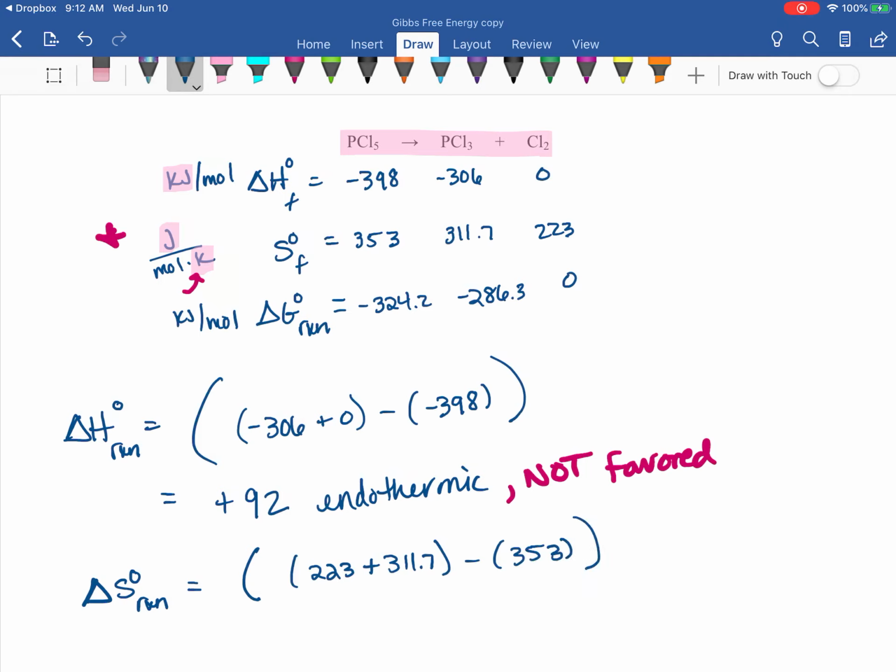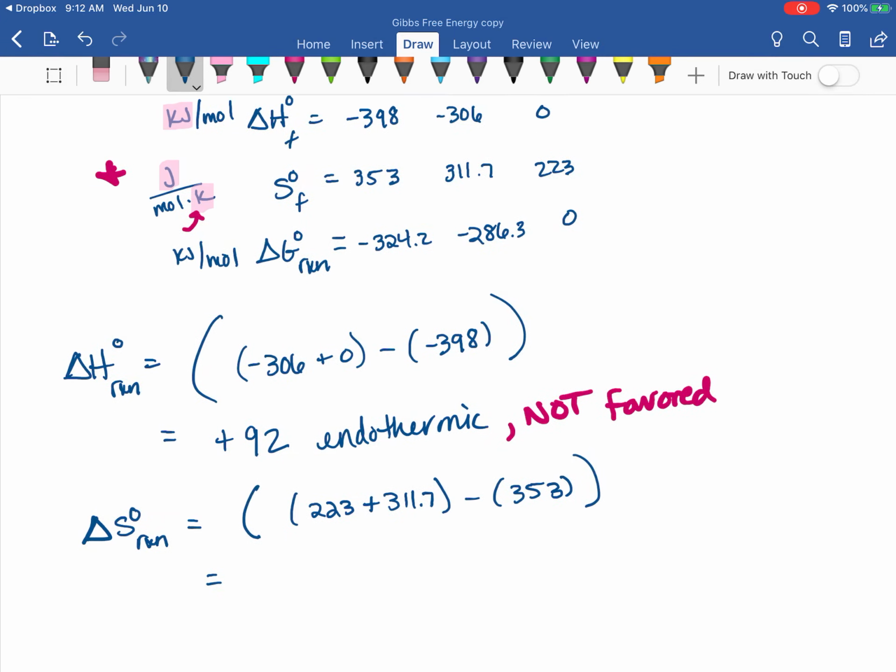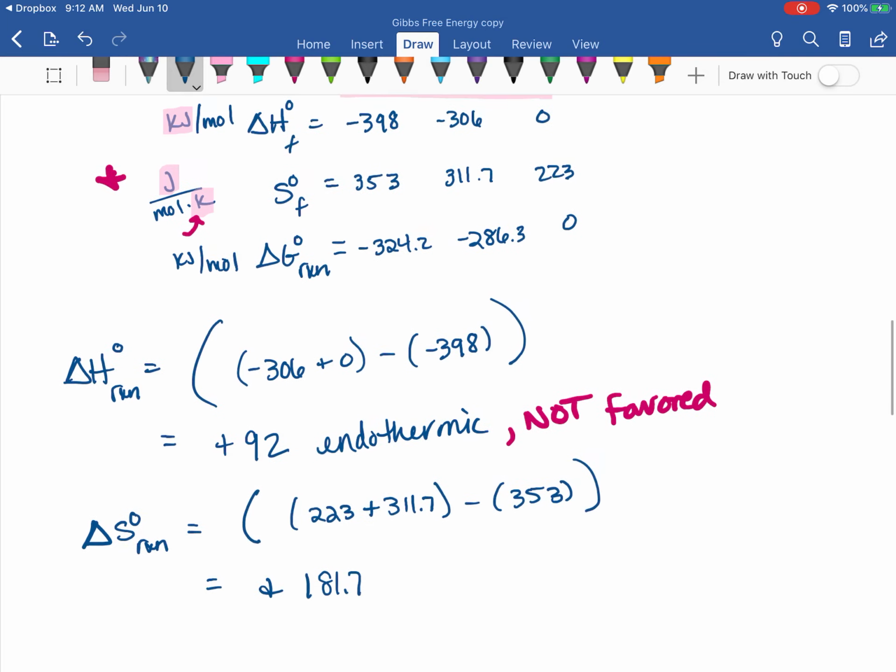Okay, remember my units are up there. I just cheated a little bit. All right, so now when we calculated this one, what did we get? We got a positive 181.7. So this means that we are going toward more freedom or more disorder.